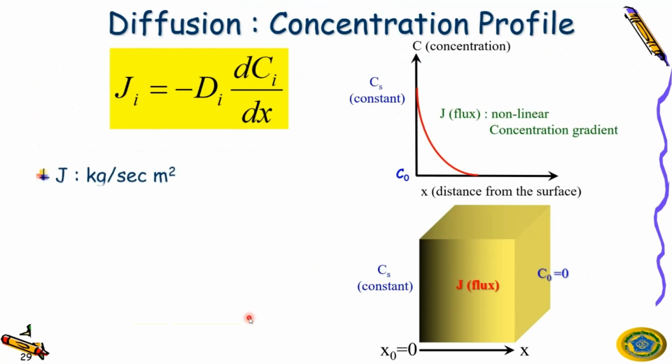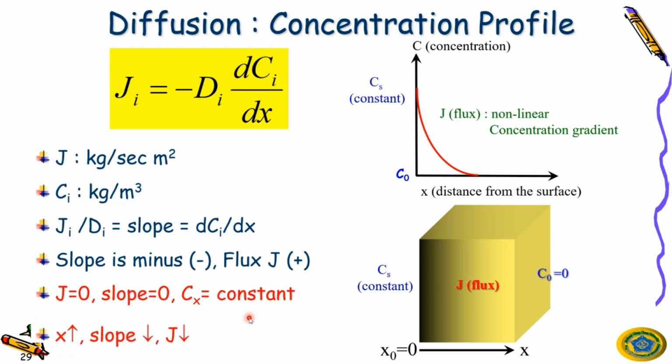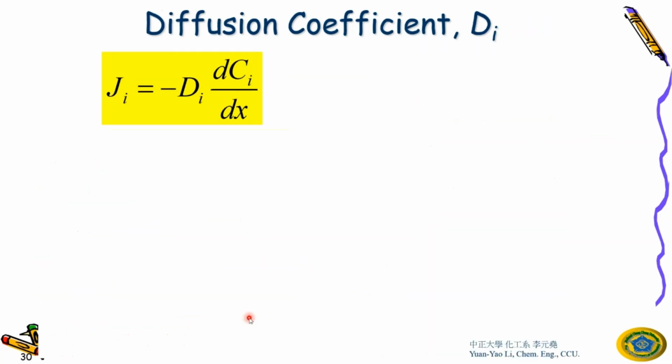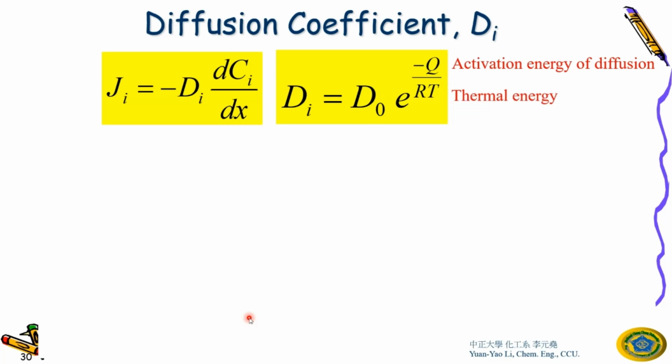Right, I want to move this quick, we are running out of time. If you take out the diffusion coefficient, it will be equal to D0 exponential of minus Q divided by RT. As you know, Q is the activation energy of diffusion. RT is thermal energy.